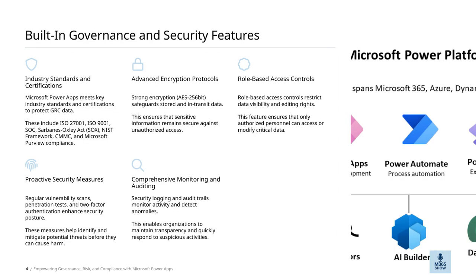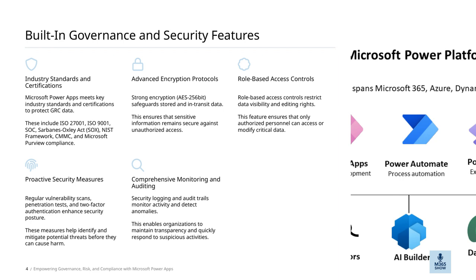Let's take a closer look at the built-in governance and security features of Microsoft Power Apps. One of the key aspects is security logging and audit trails. These tools help us monitor activity across the platform, allowing us to detect any anomalies or suspicious behavior quickly. This is crucial for maintaining transparency and ensuring we can respond promptly to any potential security issues.